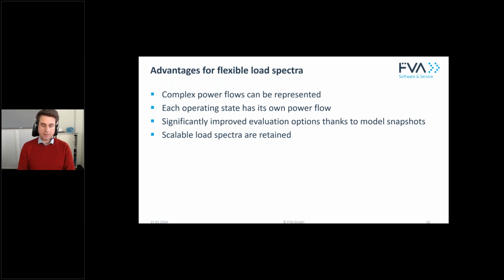Each operating state has its own power flow, meaning that you could configure your power flow in such a way that all the APUs are taken into consideration during the right operating state.